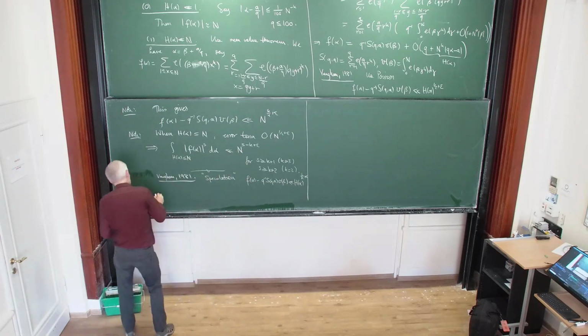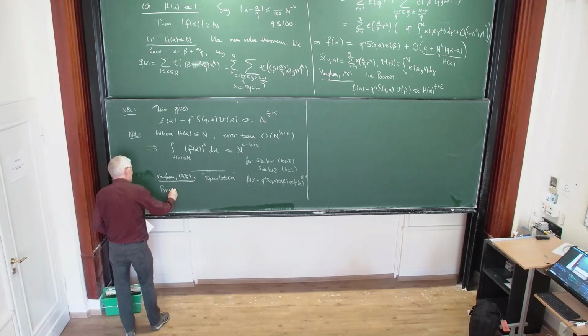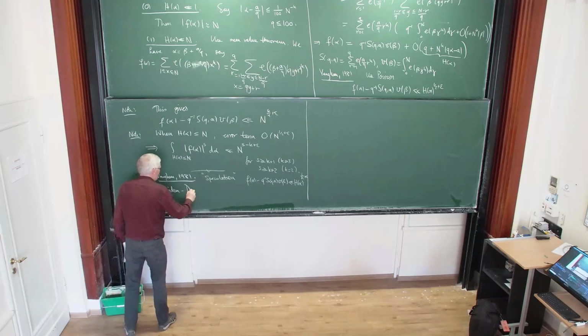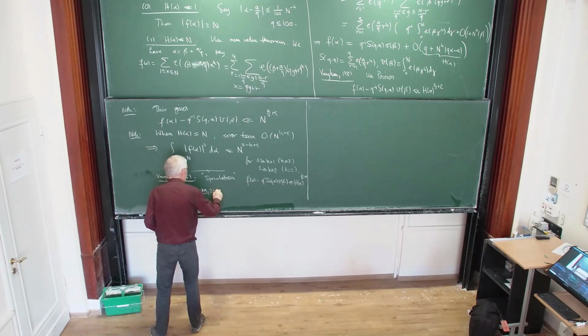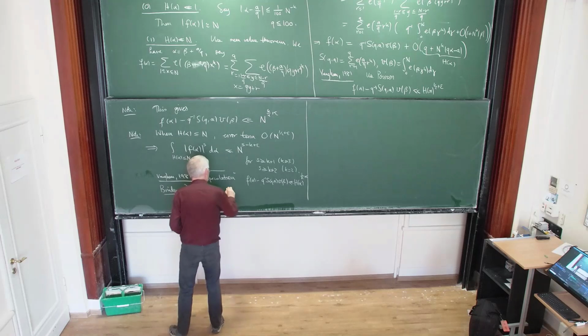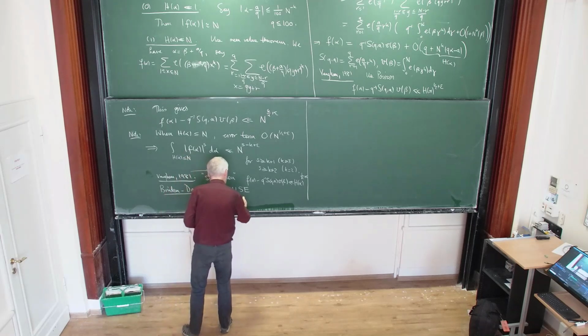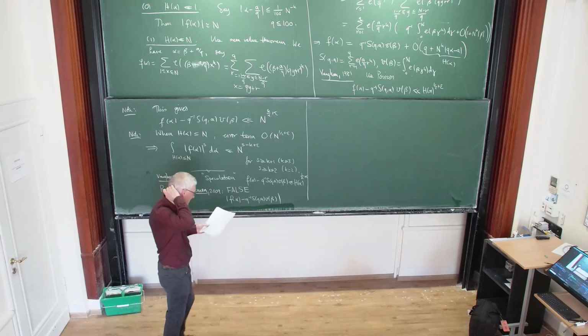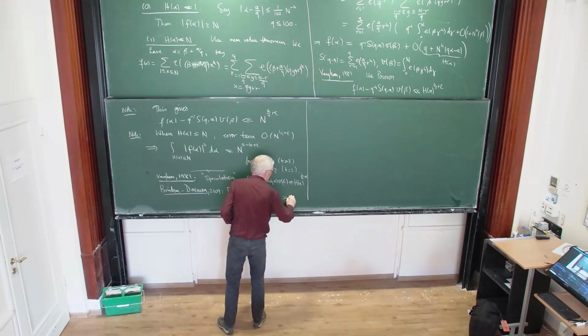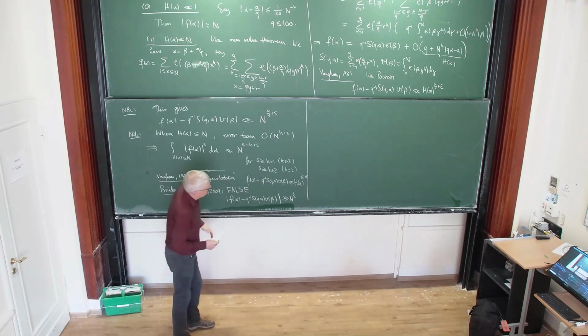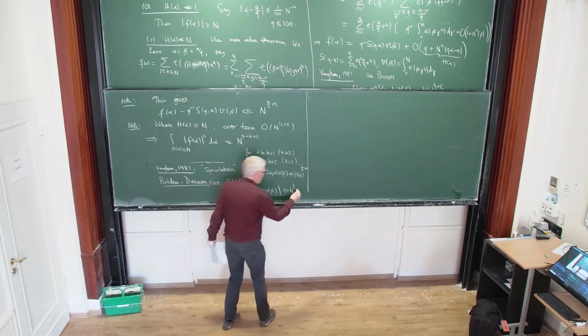And this speculation was shown to be false in work of Rudin and Damon. This was published in 2009. There's much more that is proved in this work, but in particular, the difference between this exponential sum and the main term is greater than square root of n for almost all alpha.